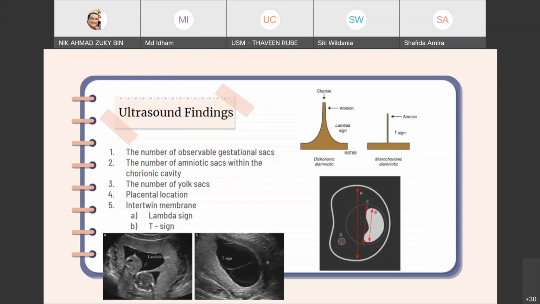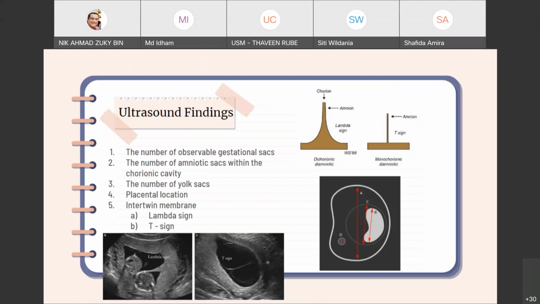The number of yolk sacs is similar to number one. Each gestational sac will have its own yolk sac, and each baby will have its own yolk sac as well.